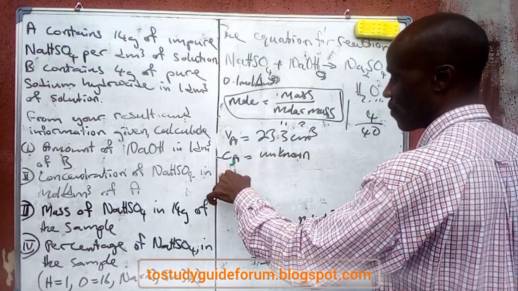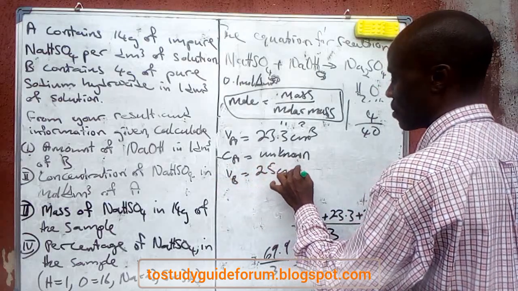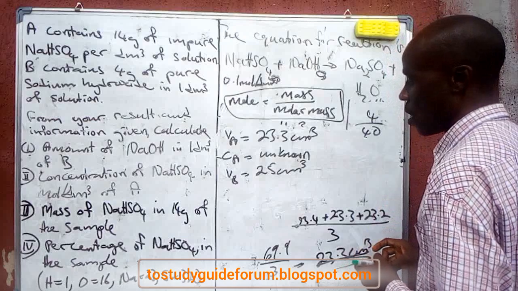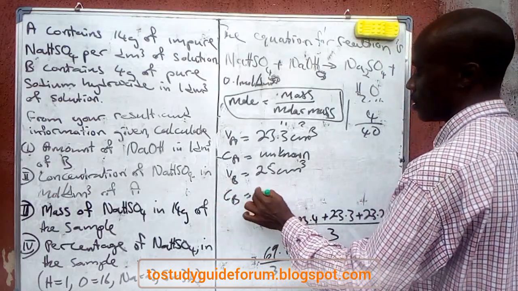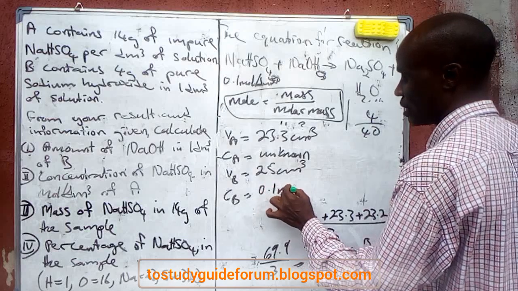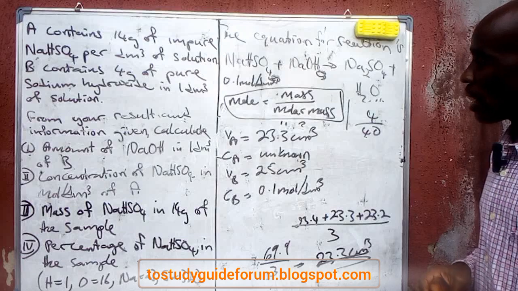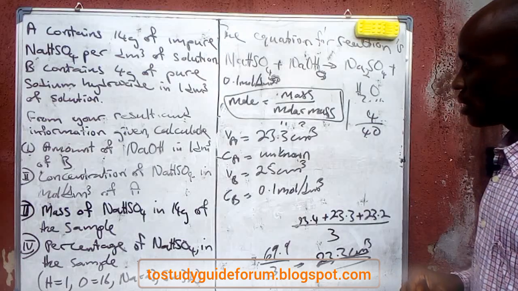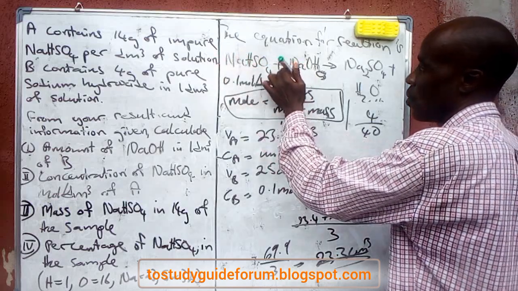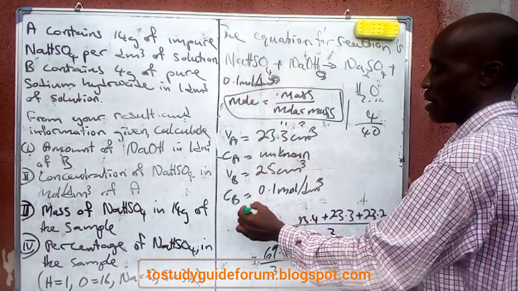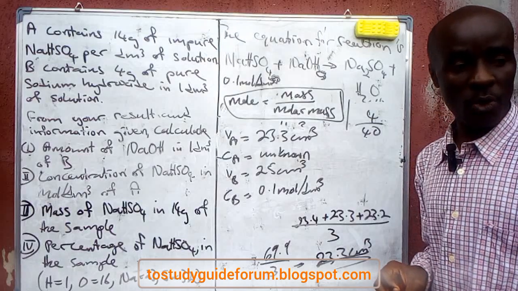The volume of B is 25, that's what we use in the titration. And the concentration of B is 0.1 mole per dm cube. Now, having this information, the next thing is to look at the mole ratio here, because there are no numbers. That means the coefficient of them is 1, and in that case, we normally consider it as the mole ratio.